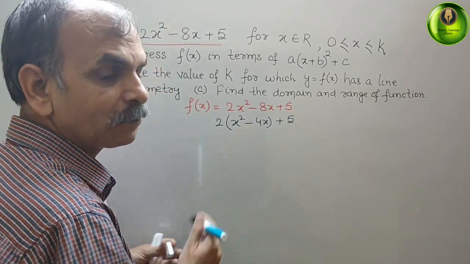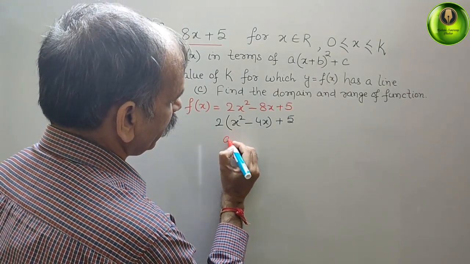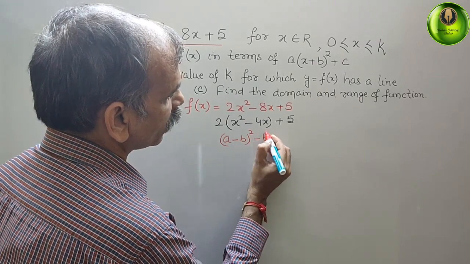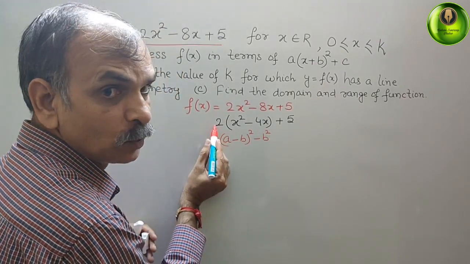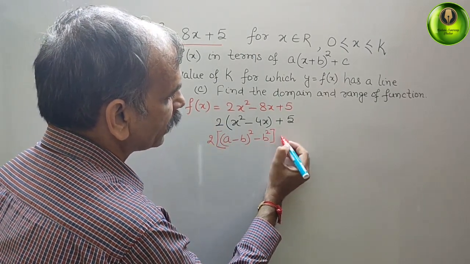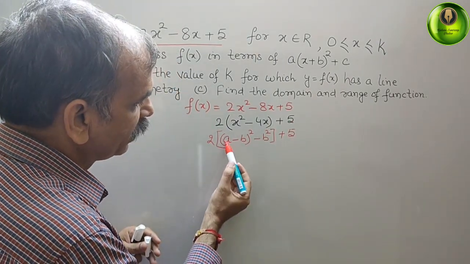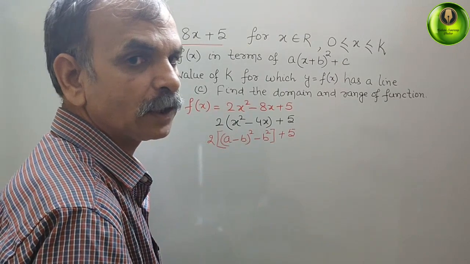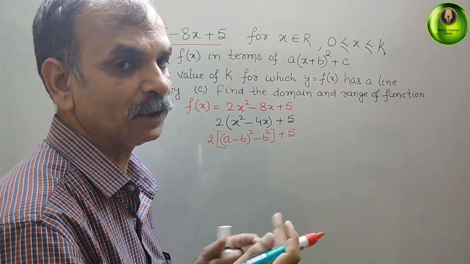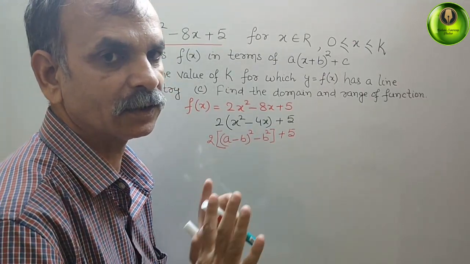Here it is minus, that means we will form (a − b)² − b², and here 2 as common, so we put 2, and here plus 5. Now (a − b)² is a² + b² − 2ab, therefore b² and −b² get cancelled.